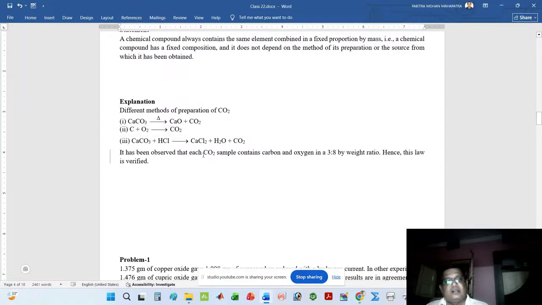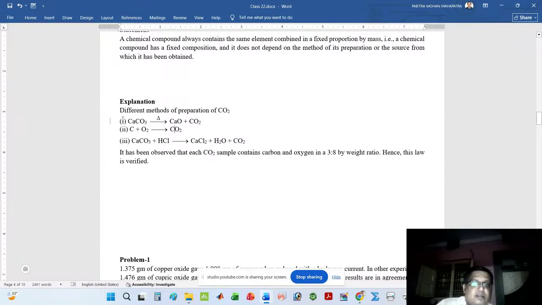Look at the third. Here carbon dioxide is also formed, but it is formed when calcium carbonate undergoes reaction with HCl. In the third method, calcium carbonate reacts with HCl, then calcium chloride, water and carbon dioxide are formed. I have taken a target to prepare carbon dioxide, and for that I have chosen three methods.